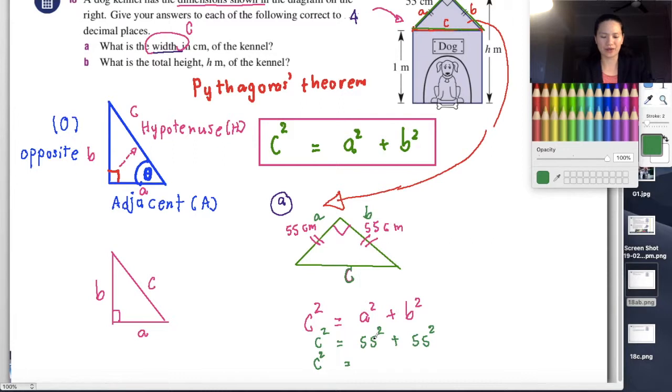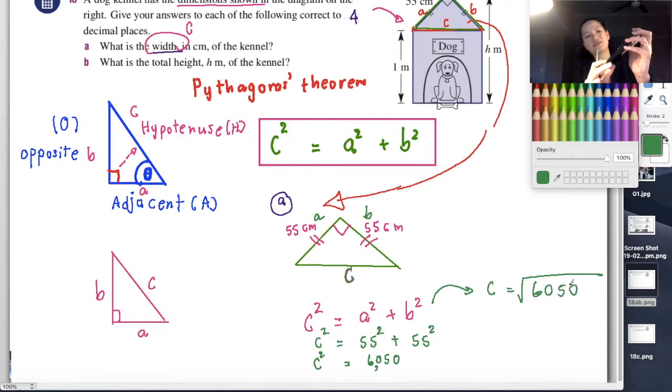So it equals 6050. Write down here, 6050. But if you want to find C, C equals the square root of 6050. Put the answer here, and then you square root the answer.